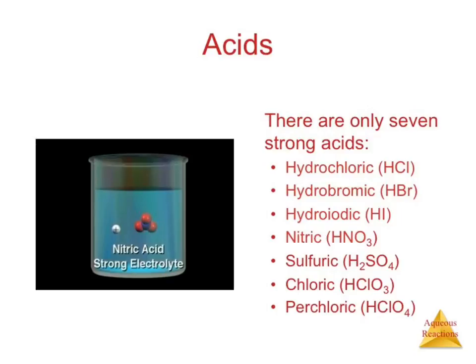Which means our concentration of H+ ends up becoming really high relative to the amount of material that we started with. So strong does not necessarily imply concentration. What it's implying is, does that species completely dissociate? There are 7 strong acids that you are required to know.